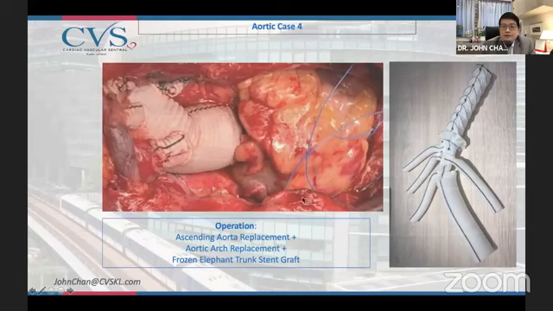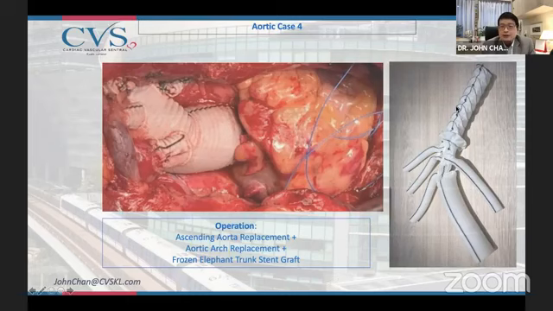Fortunately, we have very nice grafts nowadays to make things easier for us. So you can see the ascending aorta and the aortic arch has been replaced. This is the connection to the innominate artery. This is the connection to the left common carotid, and the connection to the left subclavian is there.